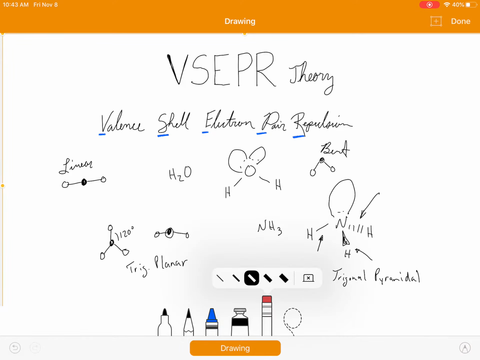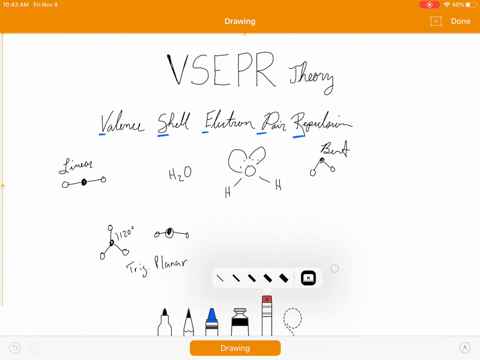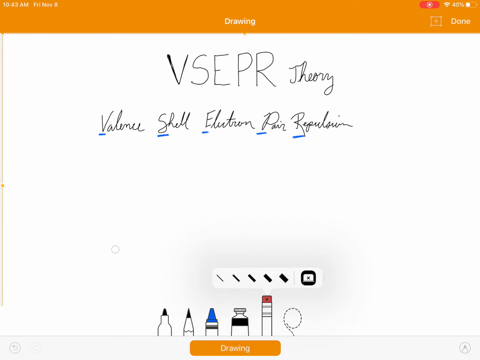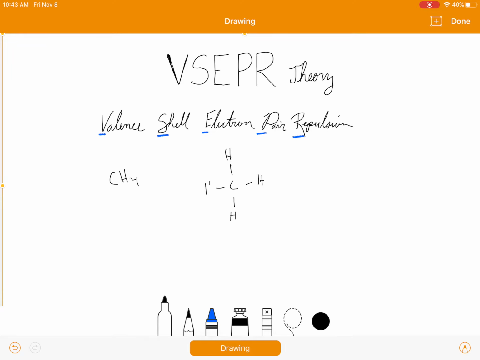Next would be tetrahedral. The best example of tetrahedral is methane, CH4, so it would be a carbon with equal bonds to the hydrogens. Looking at this, you're like, okay, well, that's as far apart as they go. Well, in three-dimensional space, it's not. If it helps you to get a model, it might be good. Or look at page 202 in your book. What it actually looks like is something like this.